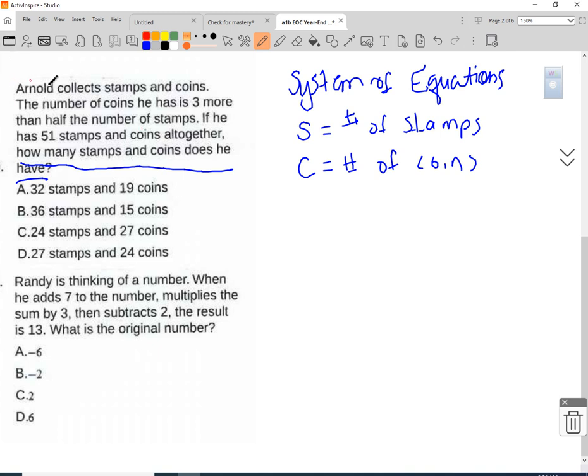So based on what they've given us here, we can write two equations. Basically, this is translating from words to algebraic equations or algebraic expressions.